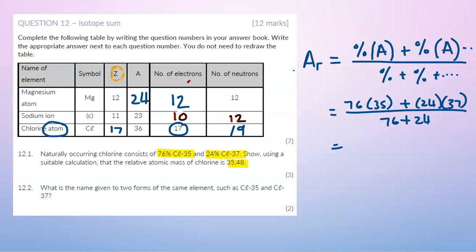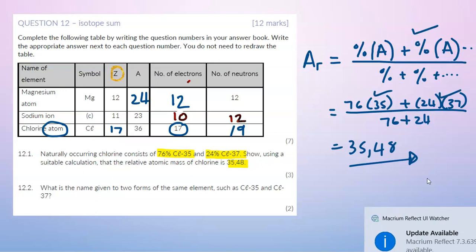And now it's just putting it into your calculator. And then I do get a number of 35.48. Okay, and there we are done. So you will probably get a mark for the formula and then a mark for the two substitutions. You can't get a mark here for the answer because they give you the answer.